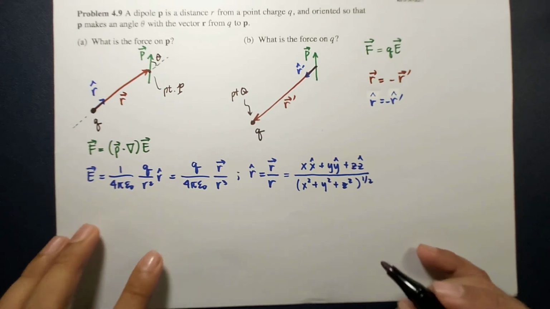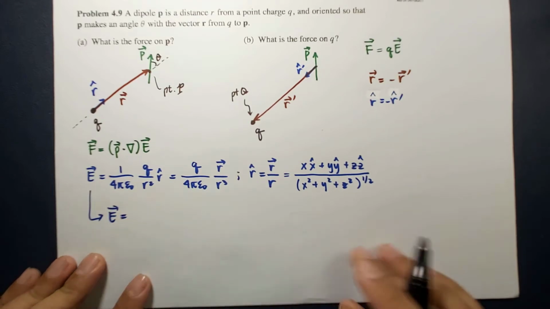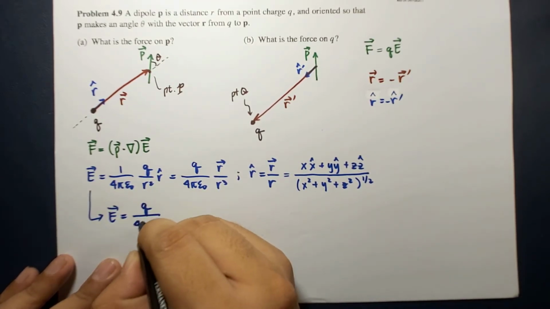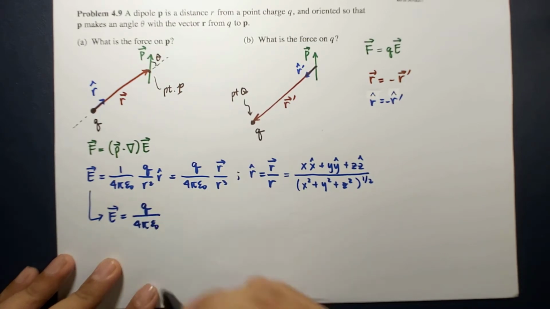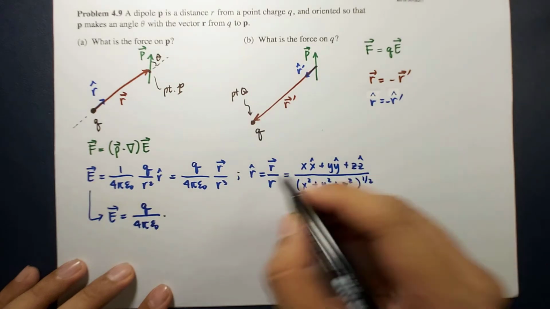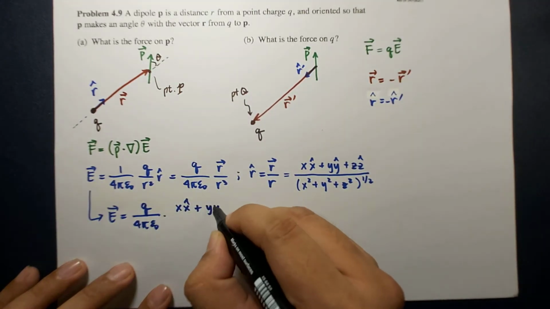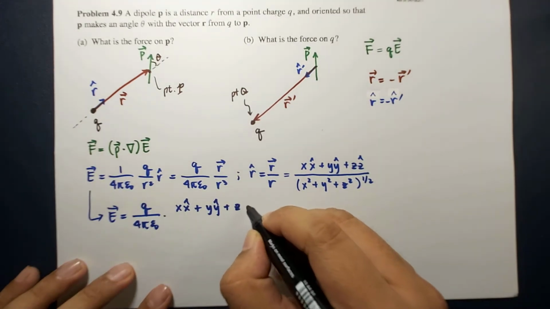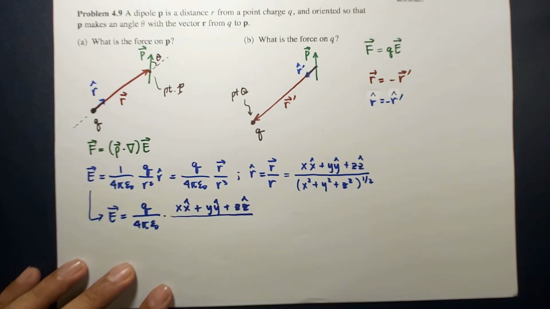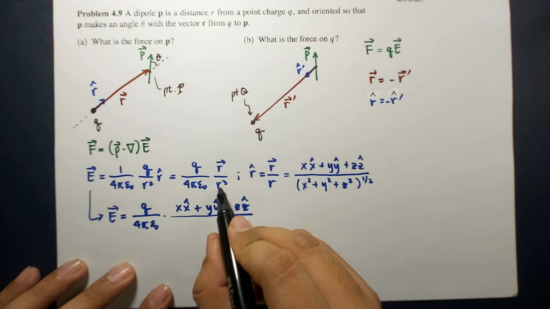That means this electric field is now written as Q over 4 pi epsilon sub 0 times x hat plus y hat plus z hat, divided by the cube of this, because this is r cubed.